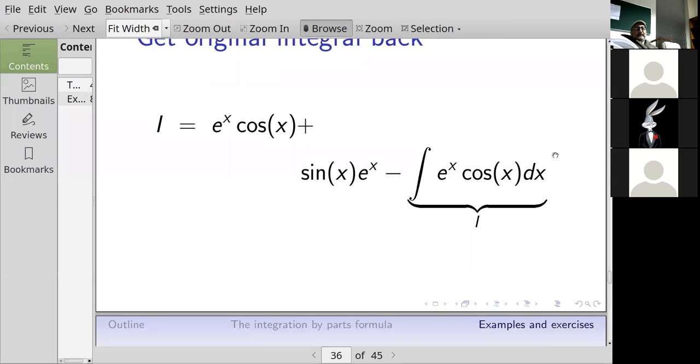Sir, didn't we get the extra c from the integration we did of cos x initially, from the first by parts? Yeah, that might be another way of looking at it. All right. Thank you, sir.